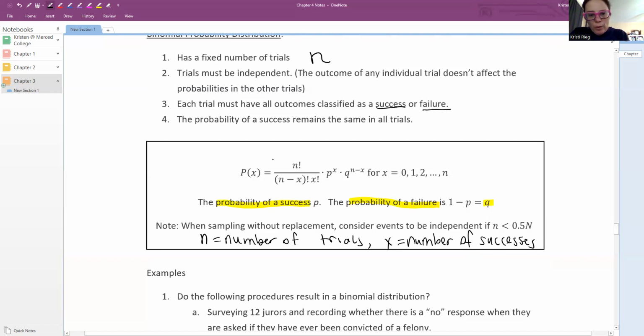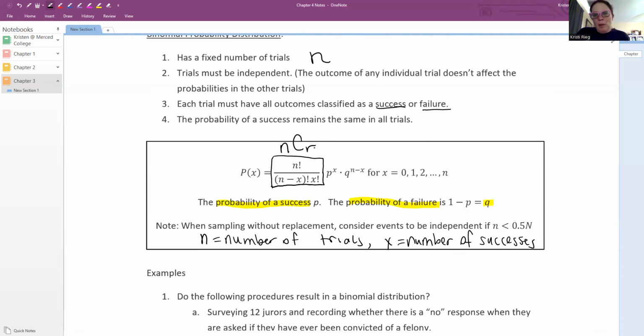Now, this whole thing right here, this whole fraction, we can avoid having to type that into a calculator by using the nCr button, the one that we just talked about, where n is N and r is X. Now, why is r X? Because I can't program everyone's calculator, right?